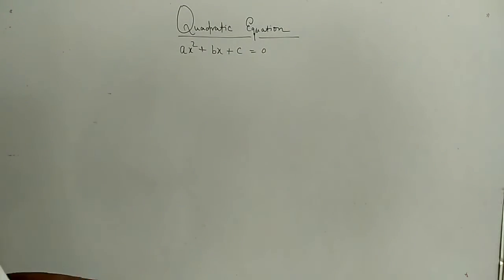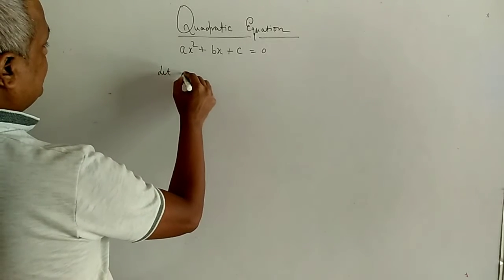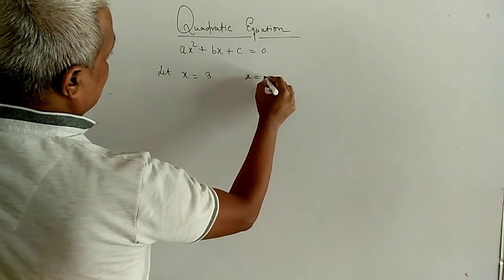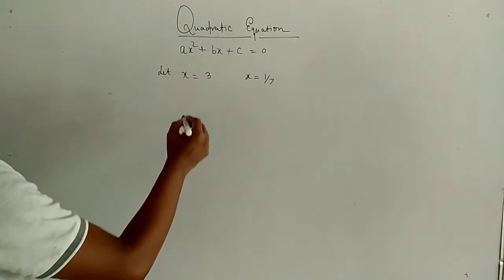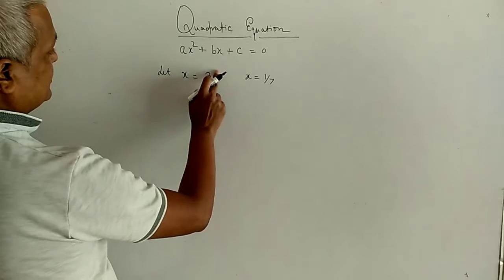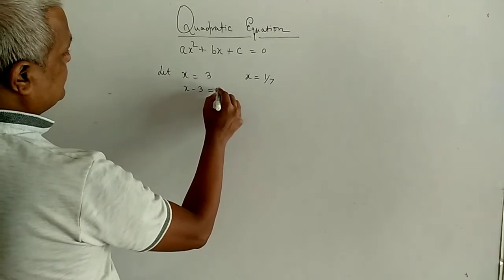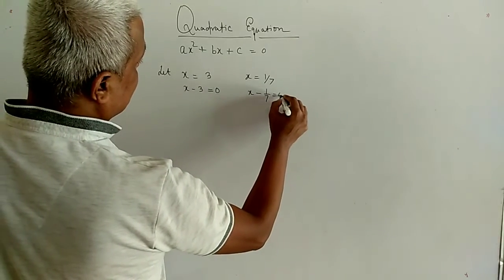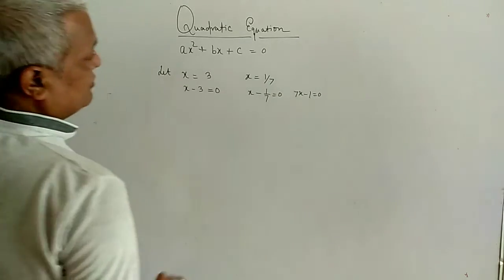Now, how can you frame a quadratic equation when you have two values for x? Suppose you have a situation where x equals 3 or x equals 1 by 7. These are linear equations. You can write this as x minus 3 equals 0, and x minus 1 by 7 equal to 0, or 7x minus 1 equal to 0.